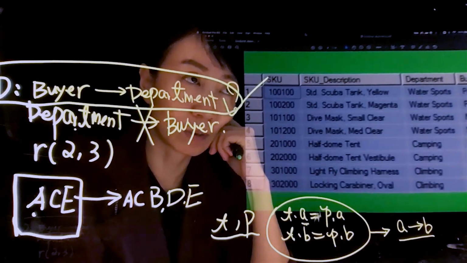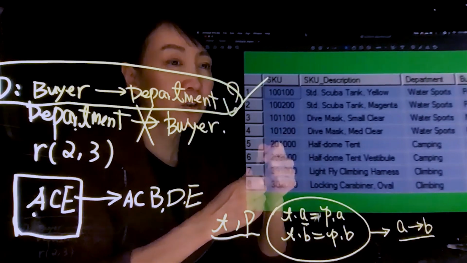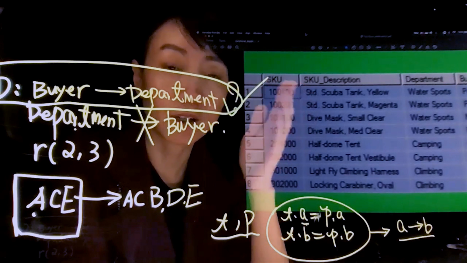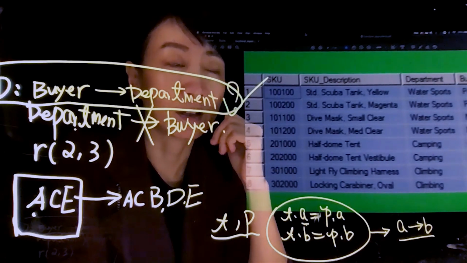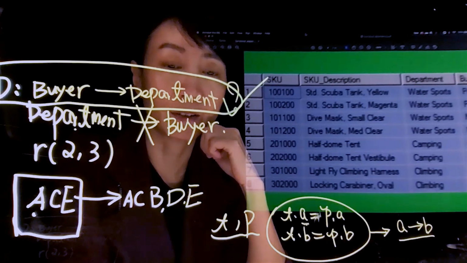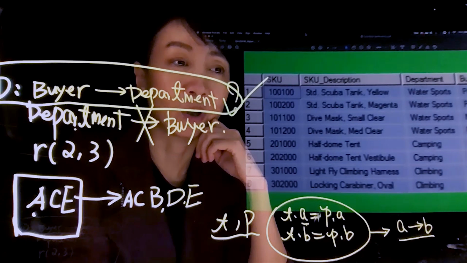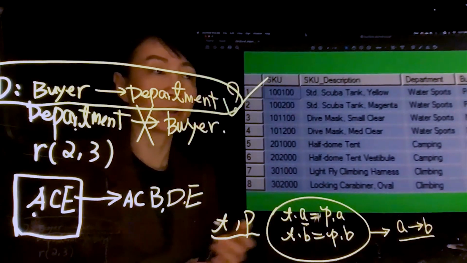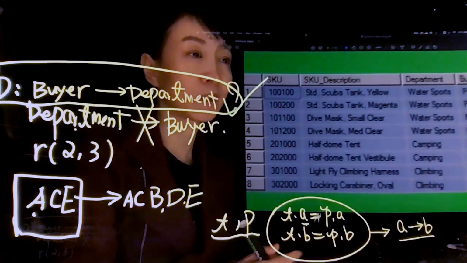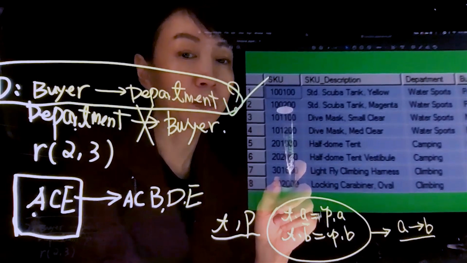Can skill determine some attributes? Let's see, skill here is unique. So if a skill is unique, then it's very possible for it to become a determinant. And in most cases, a unique identification is a primary key which can determine every other attribute. Is that true for these 8 sample rows?